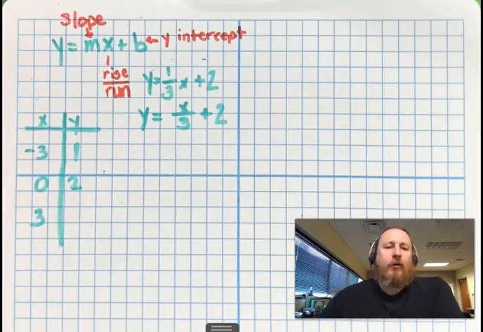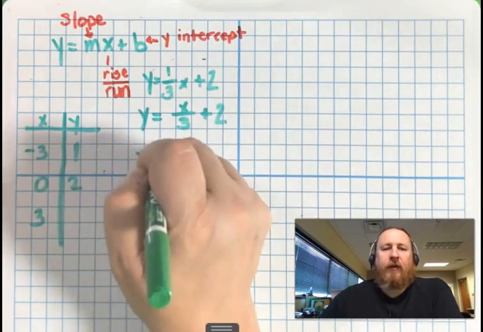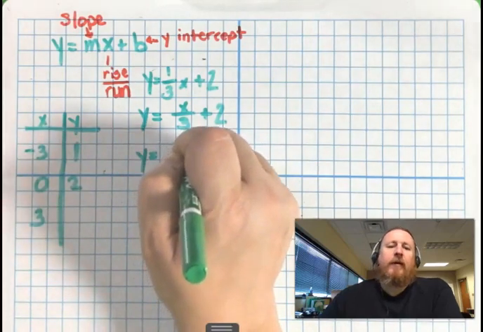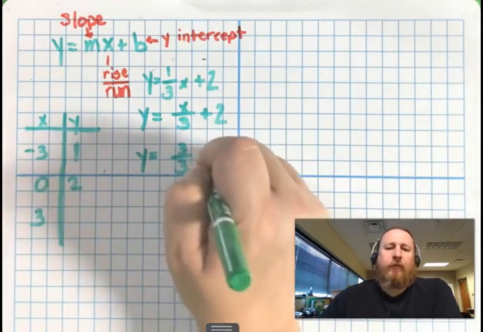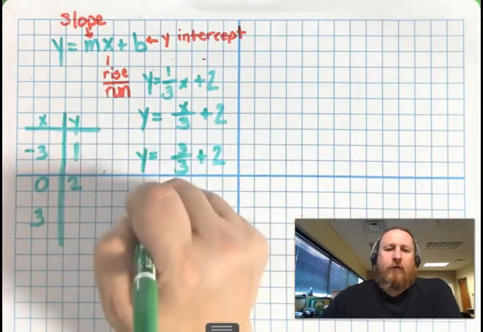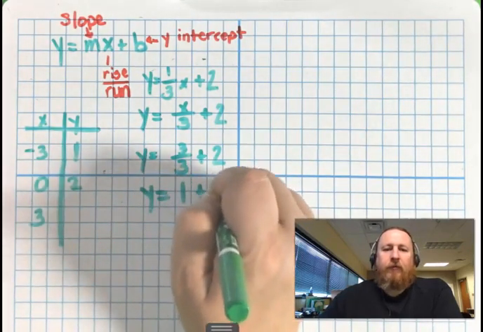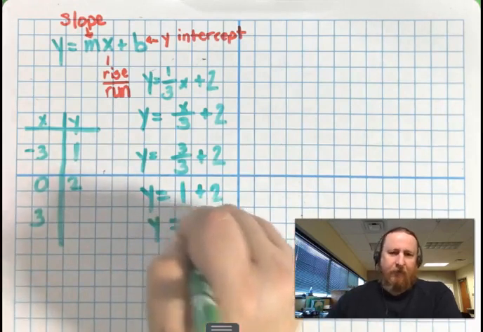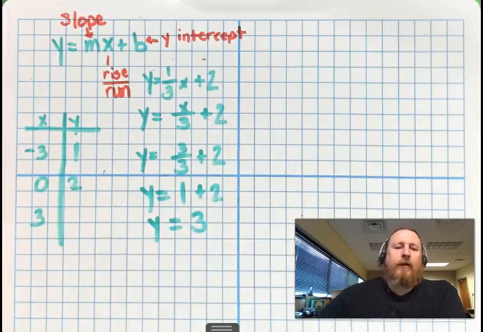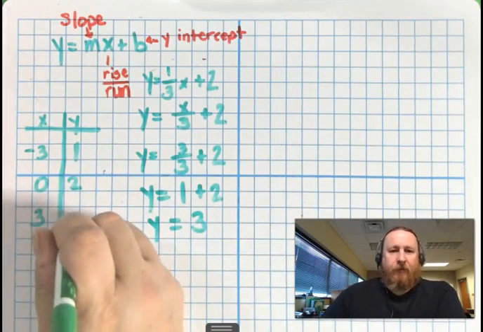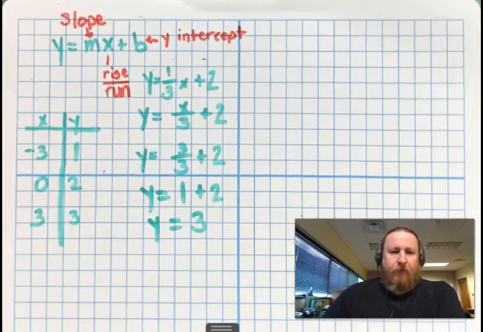The last value we will assign for x in this particular equation is 3, so we plug 3 into y equals x over 3 plus 2, and get y equals 3 over 3 plus 2. 3 over 3 reduces to 1 plus 2, combine like terms, and y equals 3. So our last value is 3, giving us an ordered pair of 3, 3.